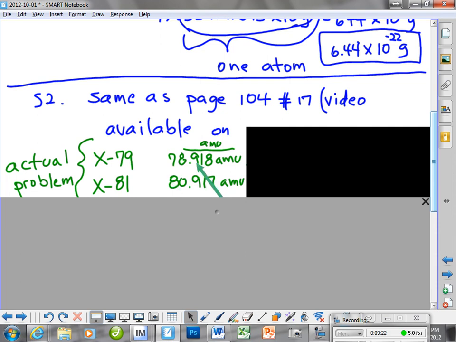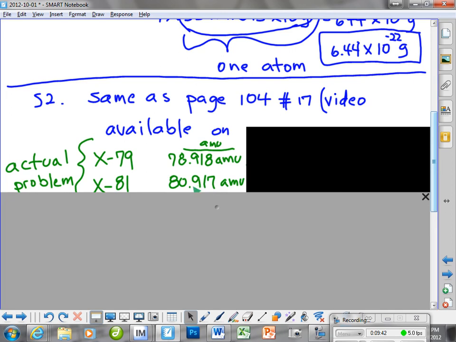We round this. So the 9 makes the 8 into a 9. And for the element X isotope 81, we take this number, and again there's a 9 to the right of the decimal, so that becomes 81.